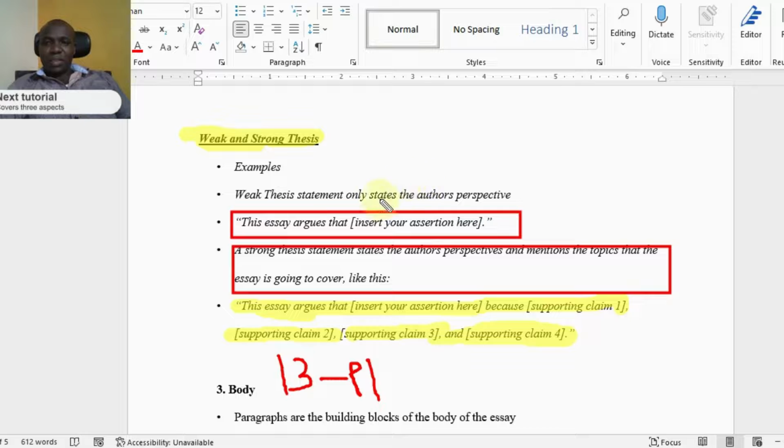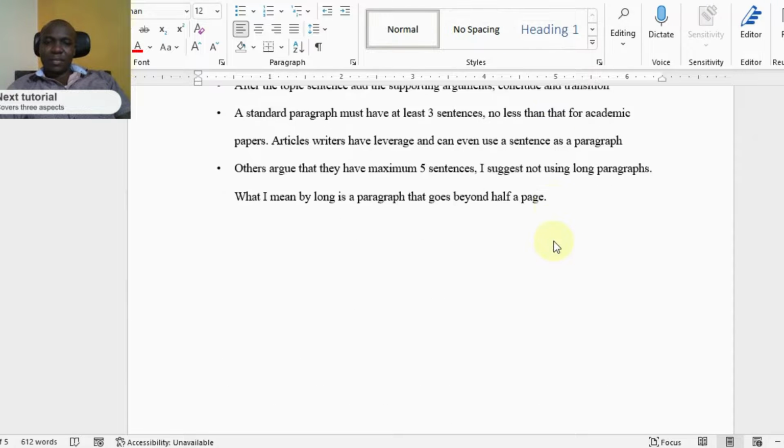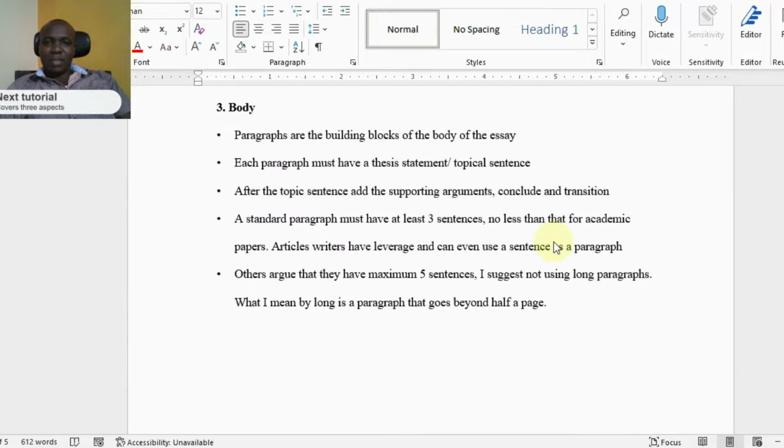So let's look at the body paragraphs of either a research or an essay paper. That should be the last topic I'm covering, but I'll represent others.